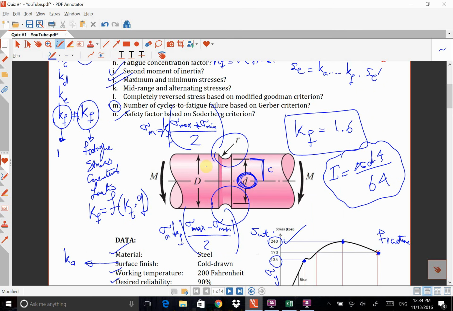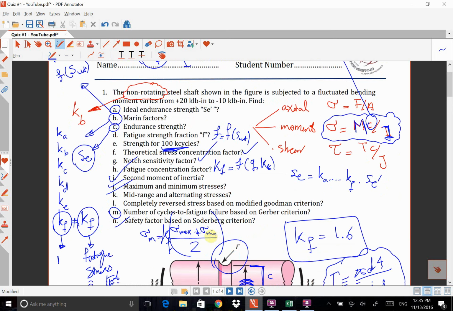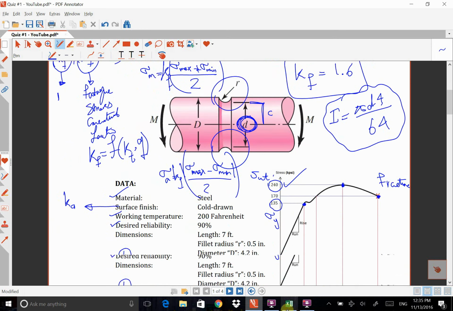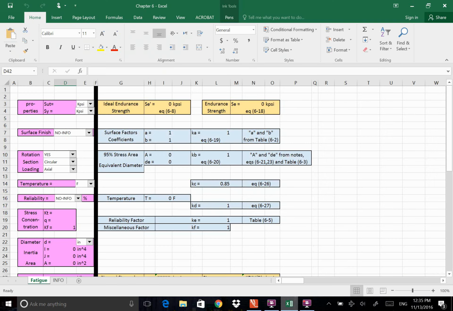Okay, so these are all the things that you are asked to do for this question. I made an Excel file, and I'm gonna find all the information based on that. So properties, SUT for this question was 240, and the unit was kpsi.